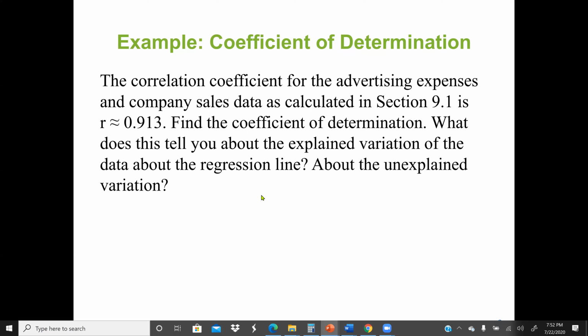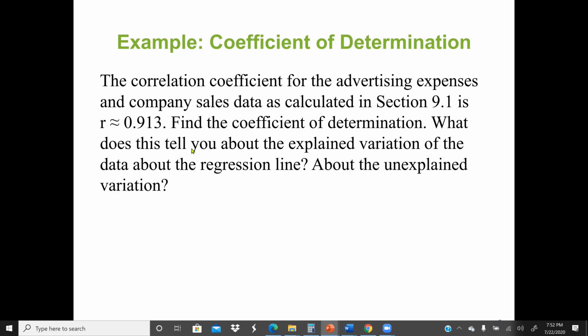So the coefficient of determination tells us something. Again, the correlation coefficient for advertising expenses and company sales data as calculated in section 9.1 is R equal to 0.913. Now find the coefficient of determination.